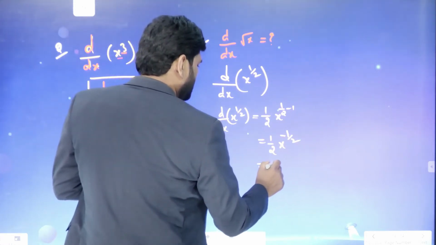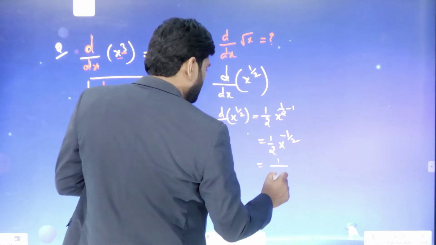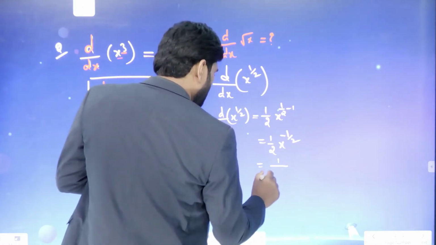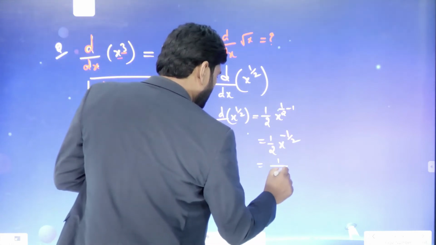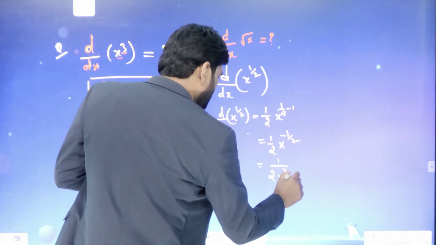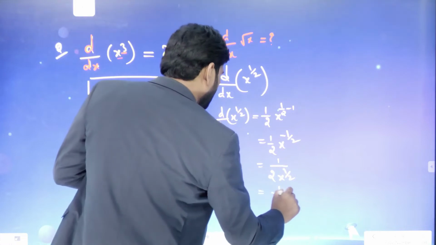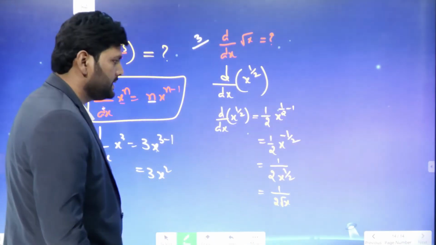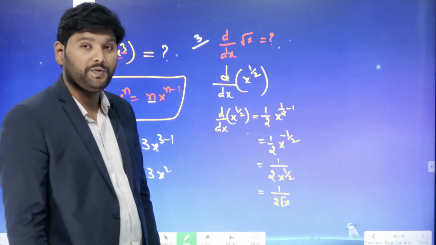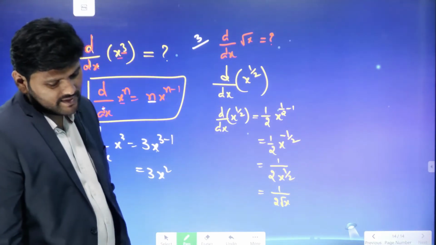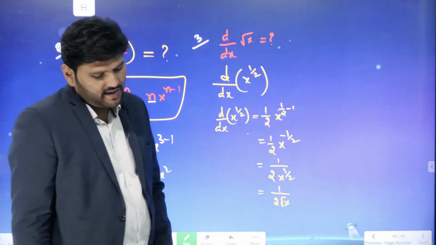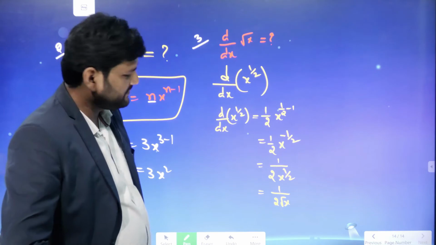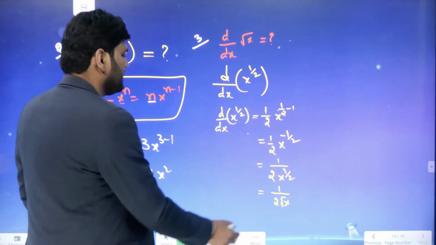This you can write as 1 by 2 into x power 1 by 2, that is 2 root x. This is your differentiation of root x. So can you tell me what the answer is here? The third option is correct.